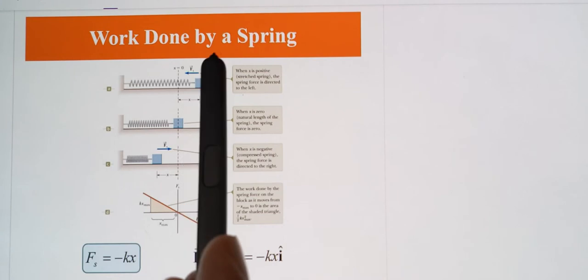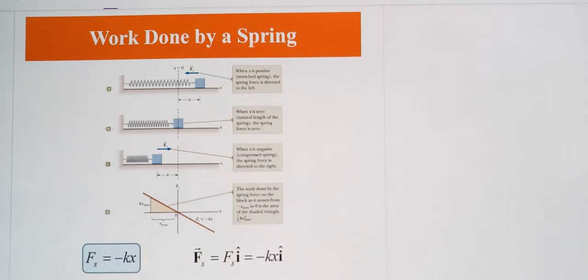So here we are going to define work in regard to three systems. The first system, we will see the relation between work and the elastic energy of a spring.